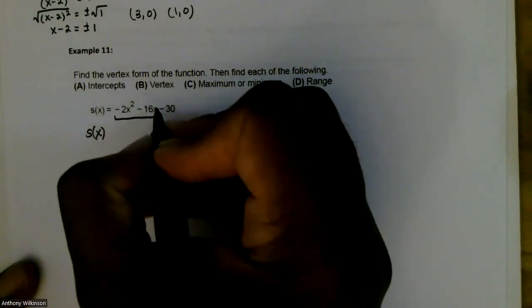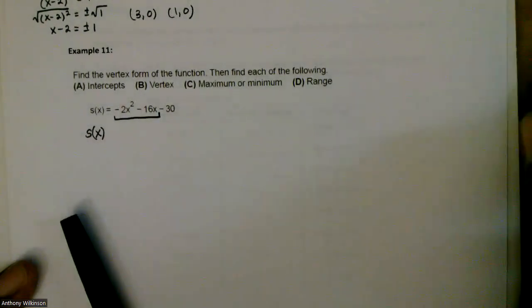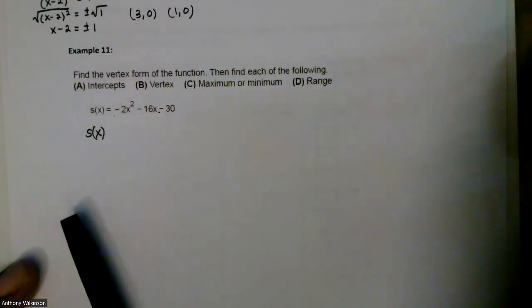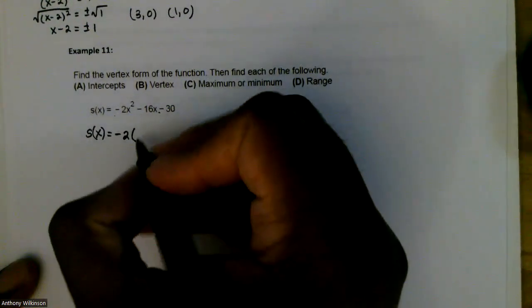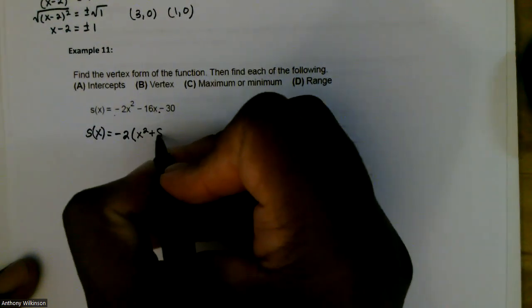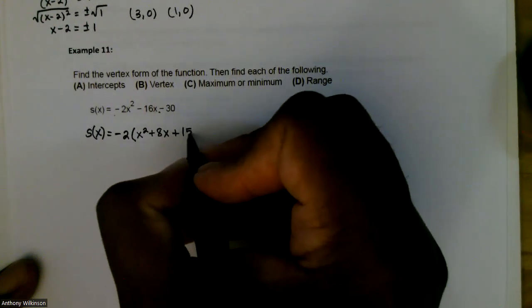From these first two terms, I'm going to factor a negative. Well, I can do the whole thing because 30 has -2 in it. So let's factor out the -2. And then this will be x squared plus 8x plus 15.